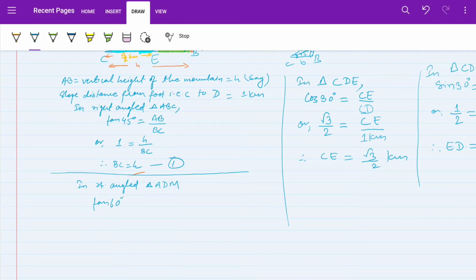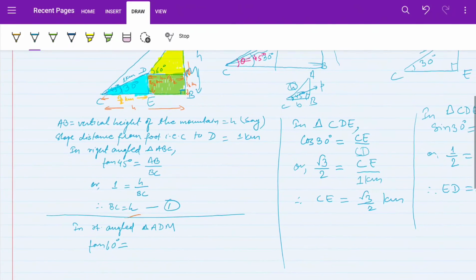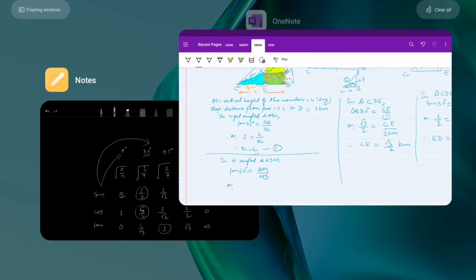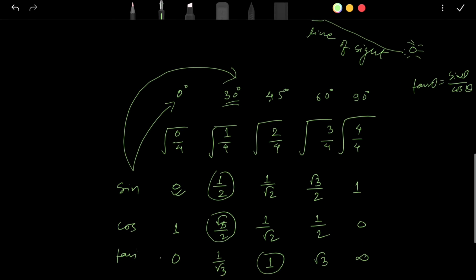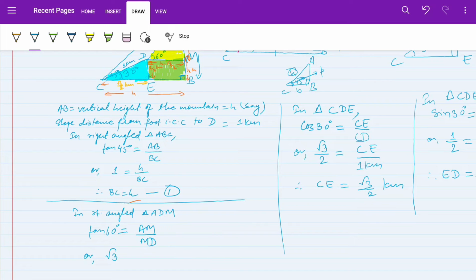Tan 60 degree is going to be P by B, that is AM by MD. So tan 60, if you go to the table, its value is root 3 here. So let's put root 3 here. So its value is root 3.